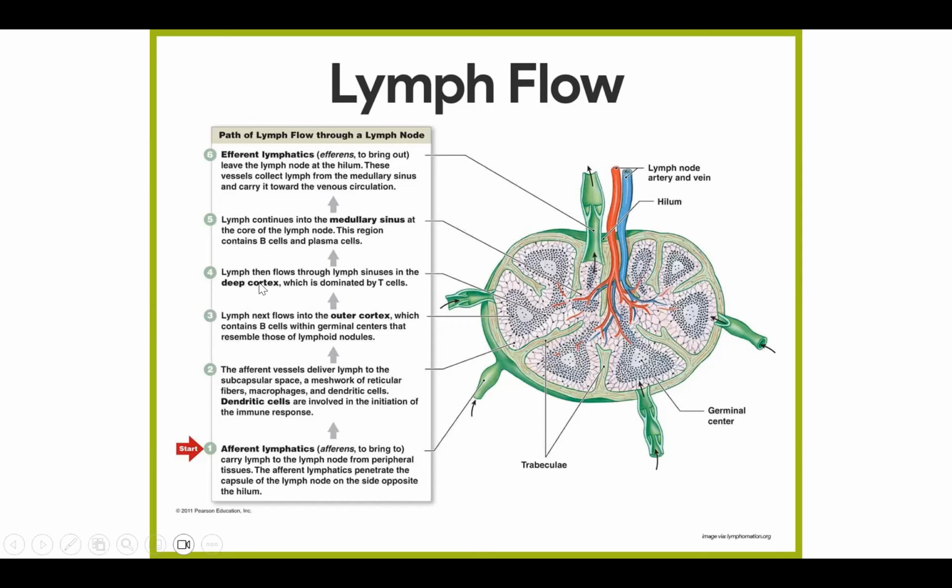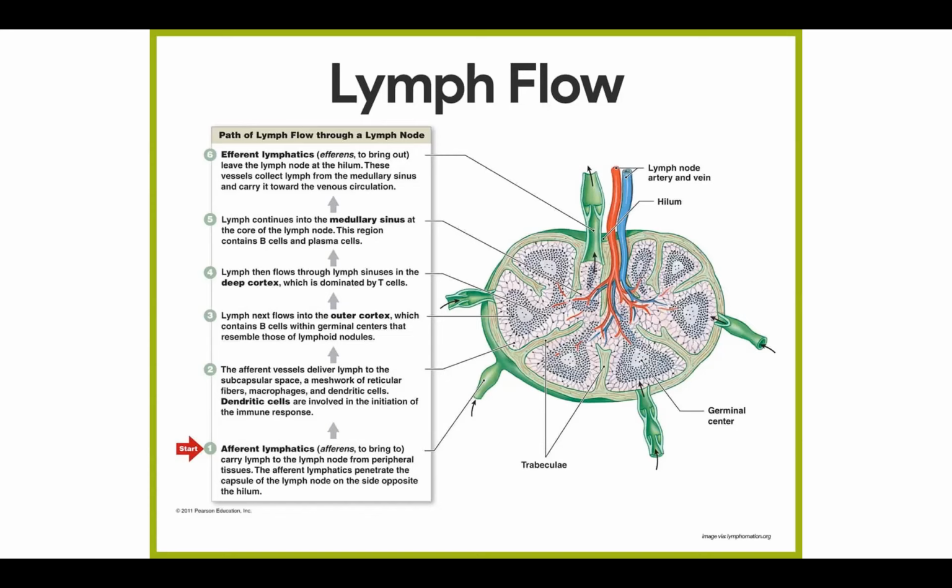Into this deep cortex, which is dominated by the T cells. See, the B cells are in that germinal center, that follicle, and then you're going into the paracortex. Okay, now lymph continues into the medullary sinus at the core of the lymph node.